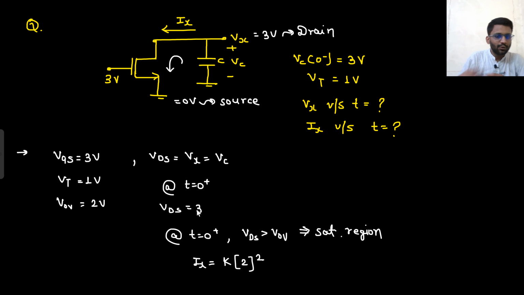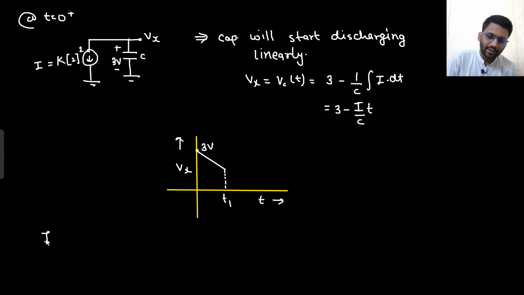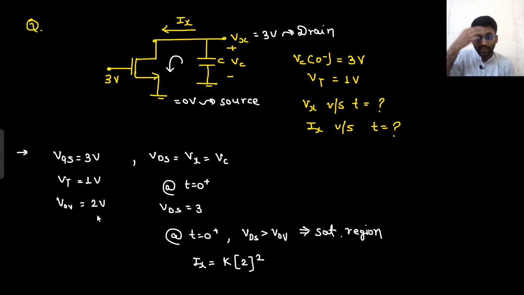When VDS equals 2 volt, VDS becomes equal to V overdrive. When VDS or Vx is less than 2 volt, VDS would be less than V overdrive, because V overdrive is fixed at 2 volt.